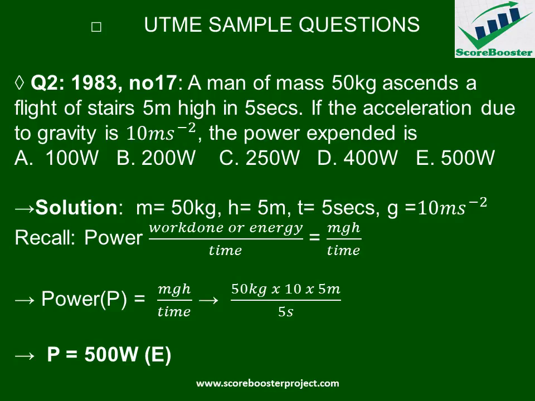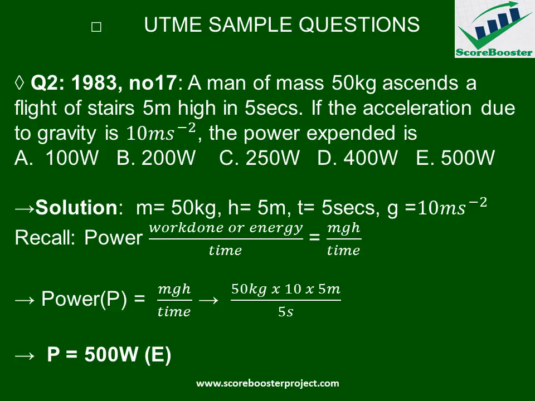Now on to solution. The first thing is to write out the given parameters. From the question you are given the mass M to be 50 kilogram, then you have height H to be 5 meter and time T to be 5 seconds. And lastly, you are given acceleration due to gravity G to be 10 meter per second square.